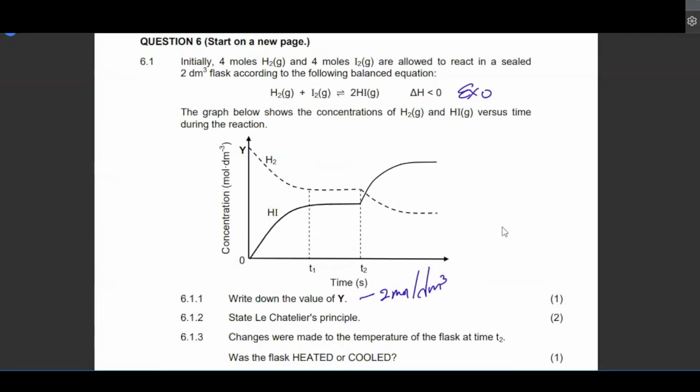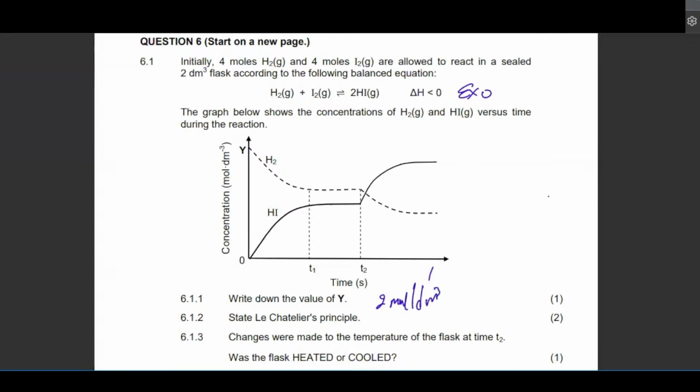Some people might ask, where am I getting this? Concentration is equal to number of moles over volume. So you have the number of moles, which is 4, divided by 2, which gives me the concentration to be 2. Just in case you didn't get it, that's how I got that. So that's why I'm saying that the answer is going to be 2 moles per decimeter cubed.